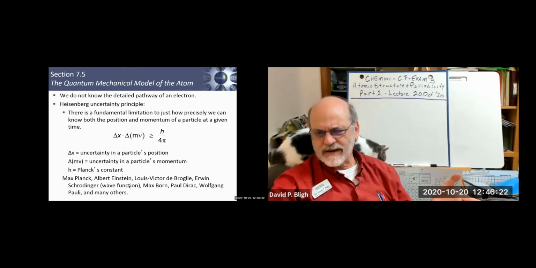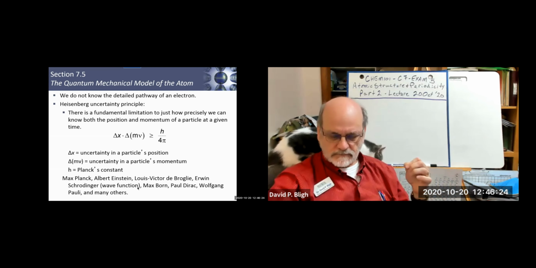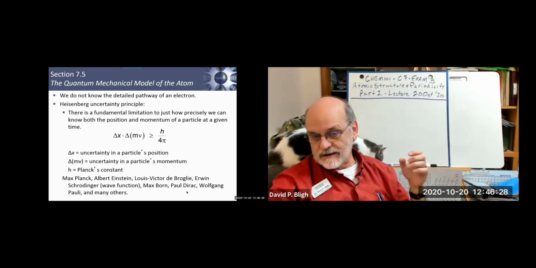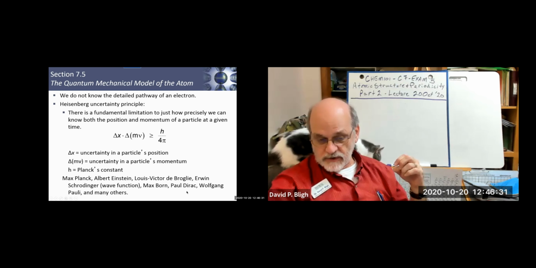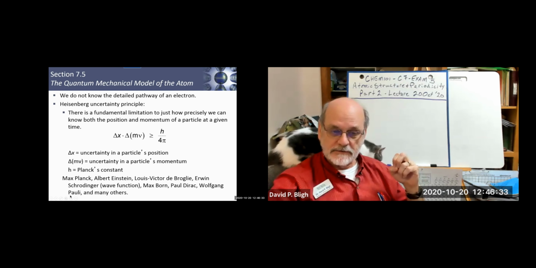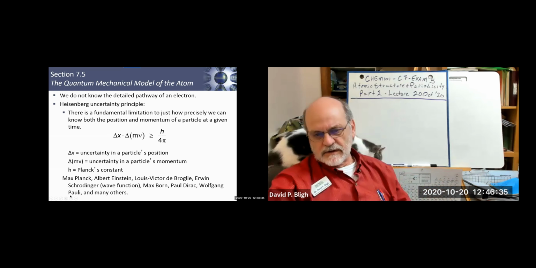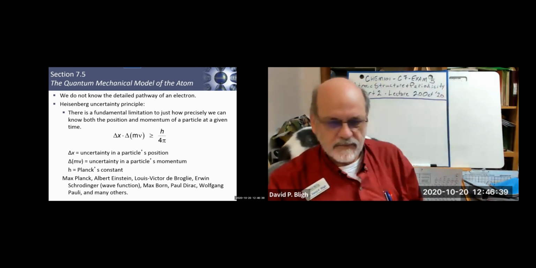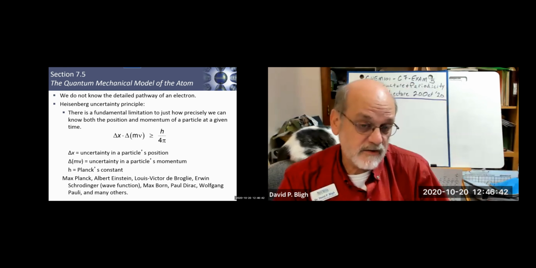And I know that doesn't mean anything right now, but it will. Some other big names: Max Born, Paul Dirac, Wolfgang Pauli. We'll encounter Pauli in a few minutes also. But there were many others. So I just threw these names out there just to pique your interest, if for no other reason.